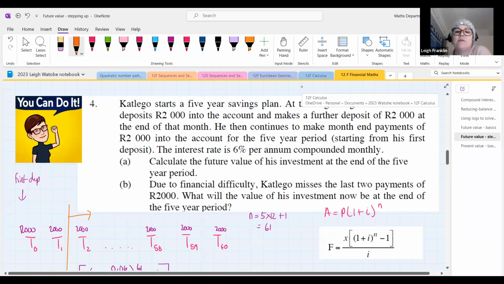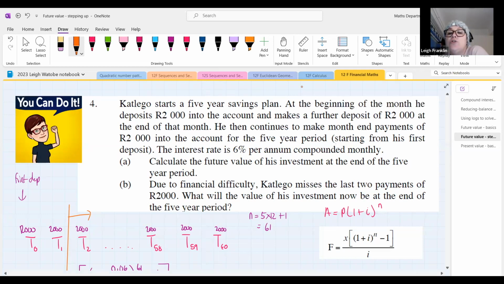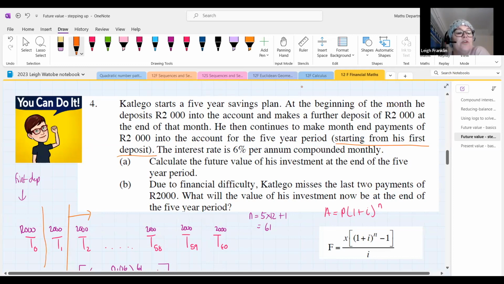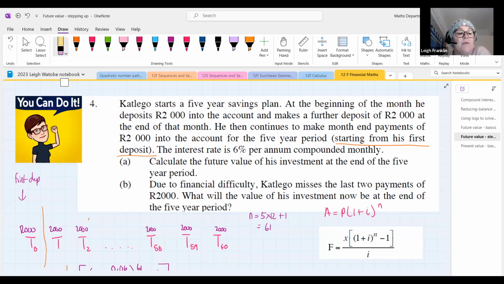Okay, I get it. All right. So the reason why it's not that is that it says he continues to make month-end payments of 2,000 Rand into the account for the 5-year period starting from his first deposit. So they are implying from this point onwards over here that this would happen for 5 years.